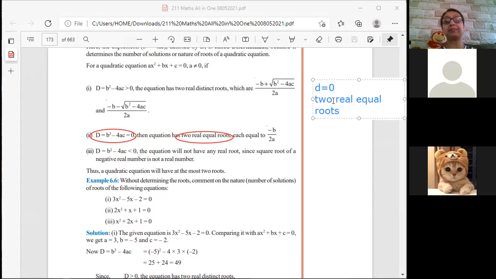Is it very clear? Yes, ma'am. When D is less than 0, now, when I say less than 0, that means it will be in minus. Are you understanding what I'm speaking?